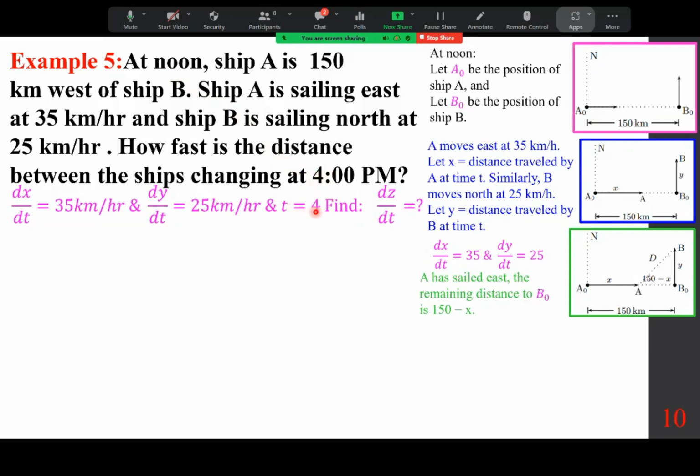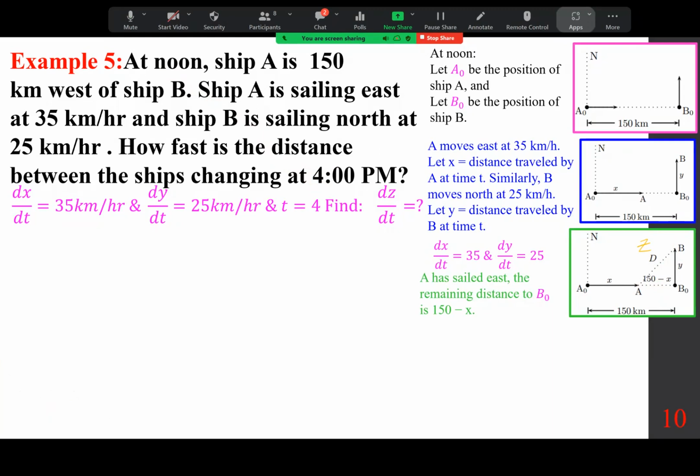The time is 4. At t equals 4, we want dz/dt. This one, if this is X and this is Y, you can call it D or Z. I rather call it Z. So what is the formula?